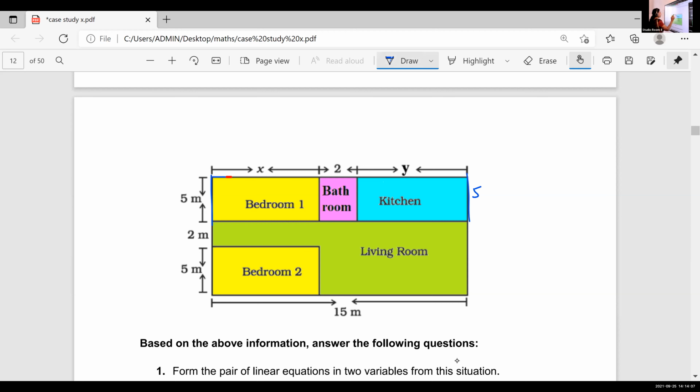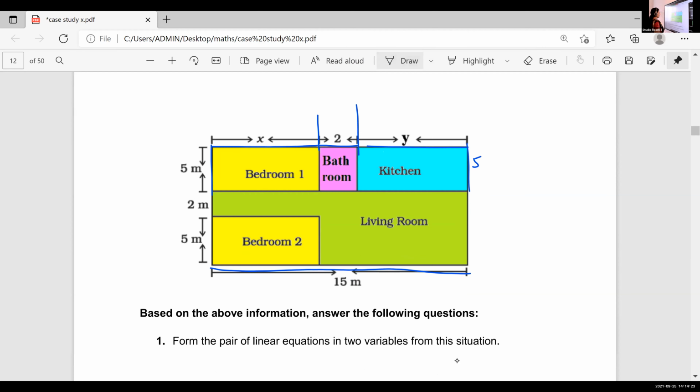Up to this part it is x. Then we have 2 meters. Again here y meters. But what is the total length given here? It is 15, isn't it? So can you give the first equation? We want to frame a pair of equations. What is the first equation?